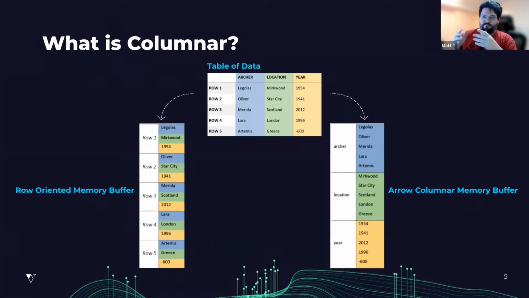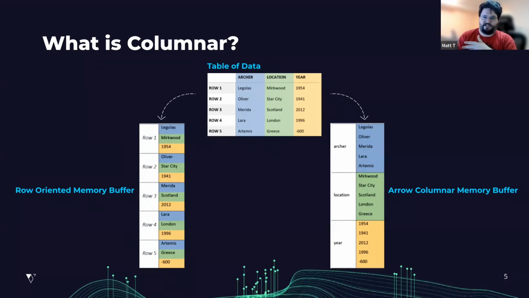You have your individual structs. Maybe you have a struct that has an archer string, a location string, and a year integer. And then to represent the table, you just have an array of those structs. And then in memory, it looks like that buffer right there, where you have column 1, column 2, column 3, column 1, column 2, column 3, over and over for all the rows.